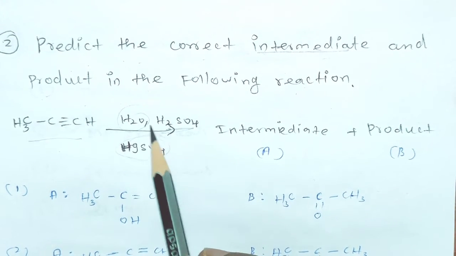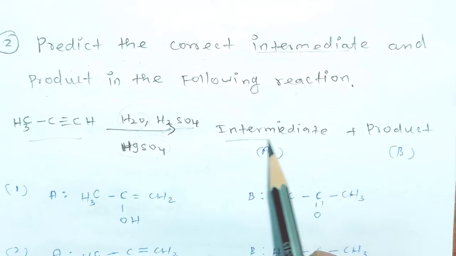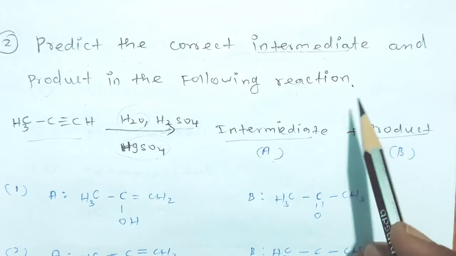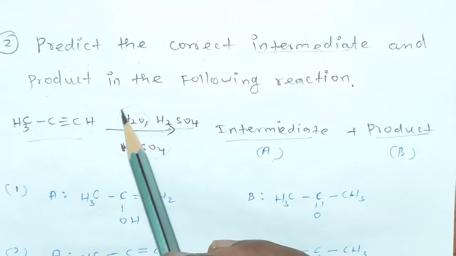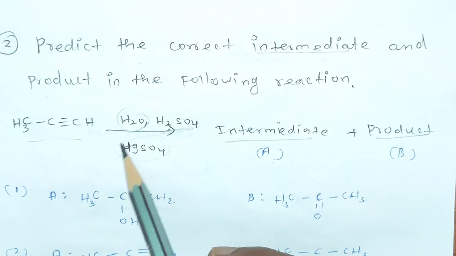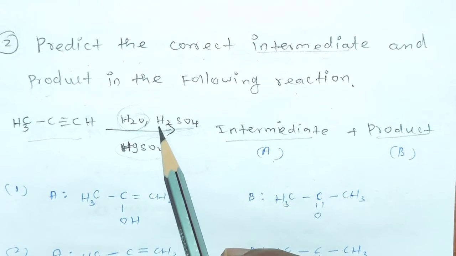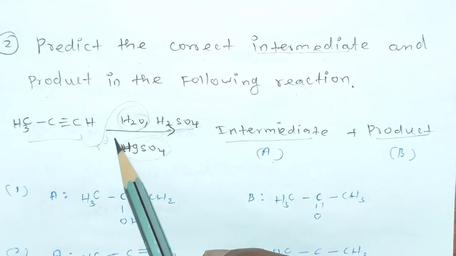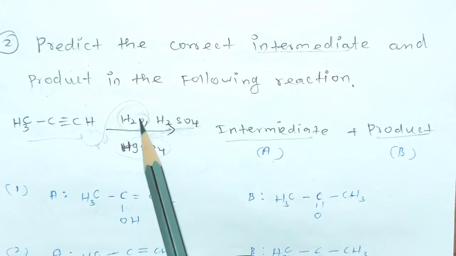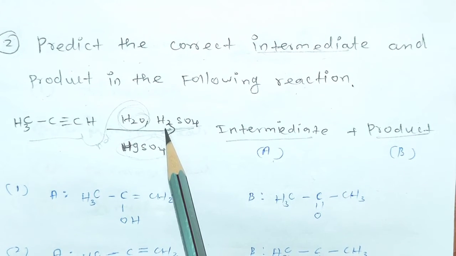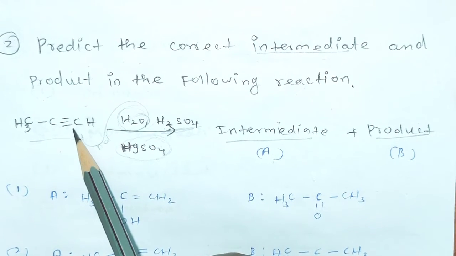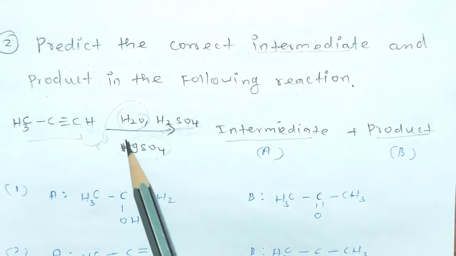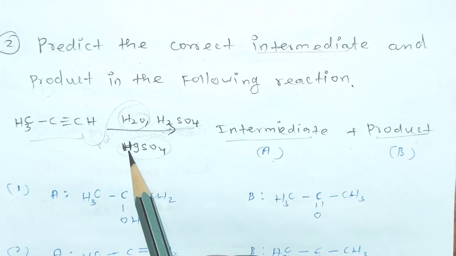They are asking for the intermediate and product, A and B. Water is given in presence of acid and catalyst, so generally this is an addition reaction. A triple bond is given, with water in acidic condition. So water adds to this triple bond to give an intermediate, and further the product.